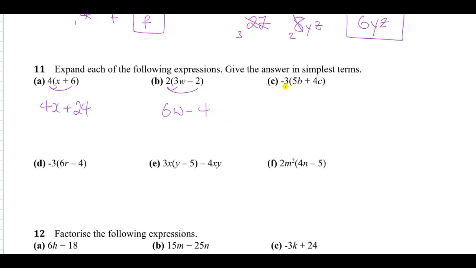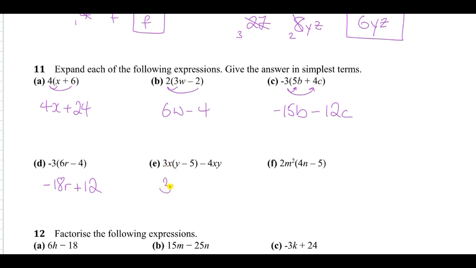The negative 3 times the 5b gives me negative 15b. The negative 3 times the plus 4c gives me negative 12c. Negative 3 times 6 is negative 18 with the r. Negative 3 times negative 4 is plus 12.